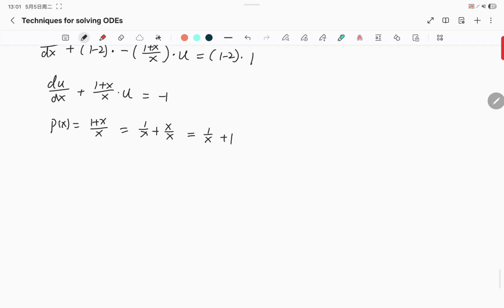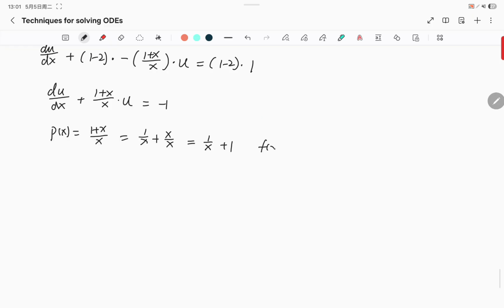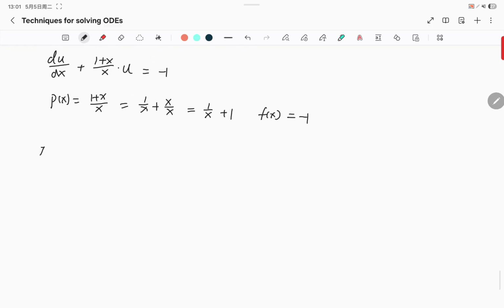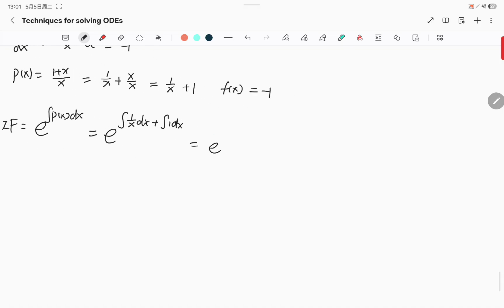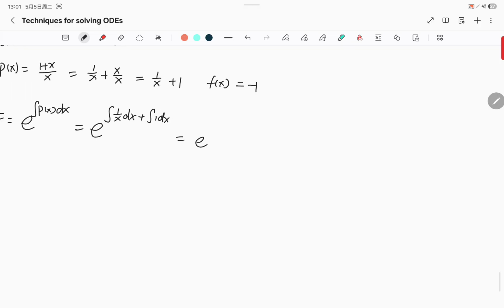This looks a bit easier to integrate. And my f of x was -1. Next step, integrating factor e to the power of the integral of p of x dx. This is the integral of 1 over x dx plus the integral of 1 dx, and this gives me e to the ln x plus x.